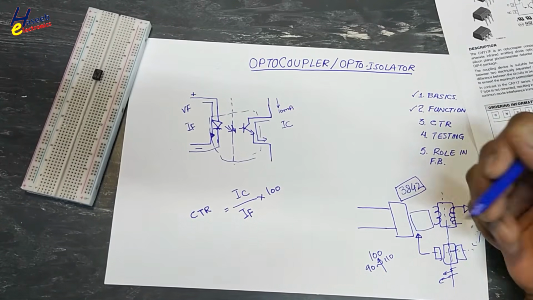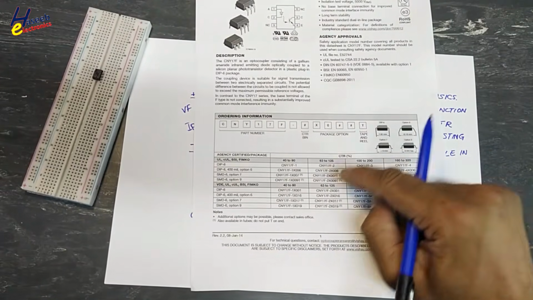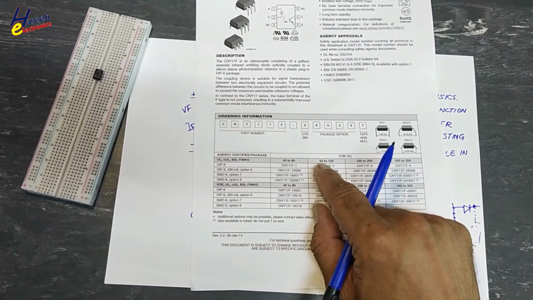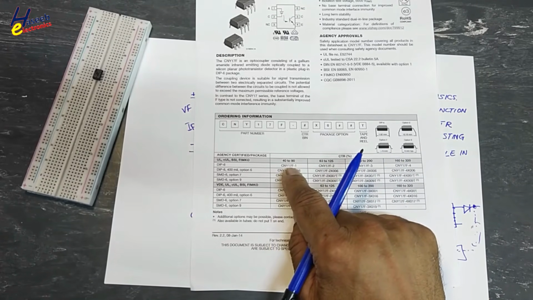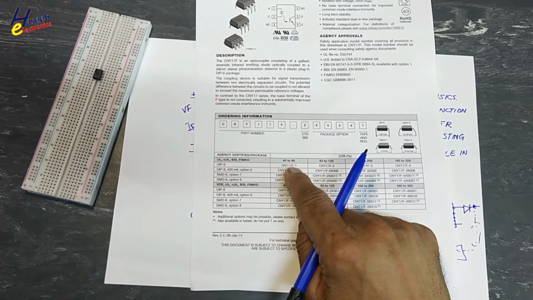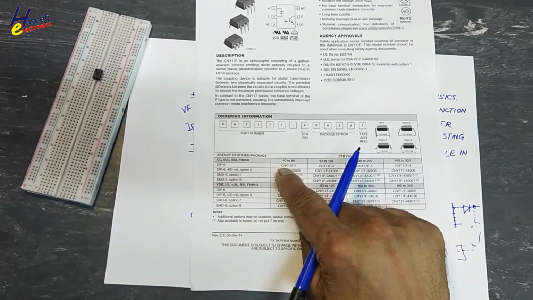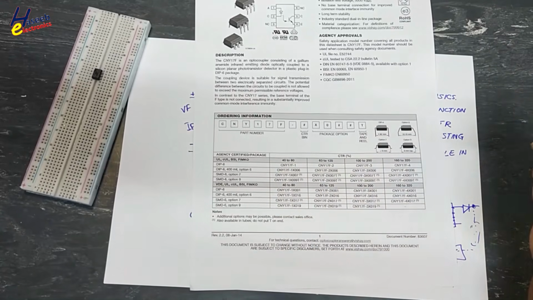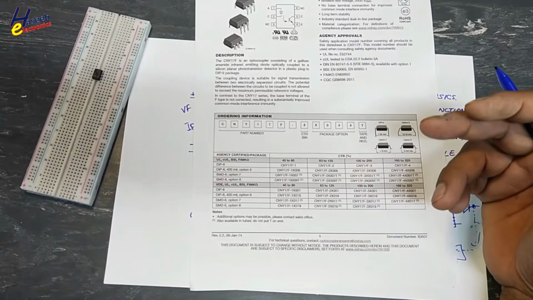If our power supply needs 100 CTR, that time we will use F-2, 63 to 125. If we will use this one, that is CNY 17 F-1, it will not work properly because it will not provide required current to the next circuit. In simple words, we can say it is gain.